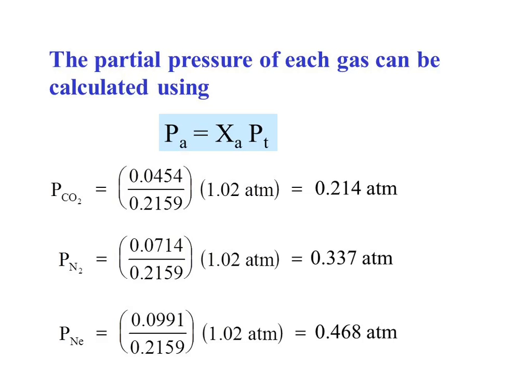And last but not least, neon, we said it contributed 0.0991 moles divided by the total number of moles. That's the mole fraction, that's X, and then times the total pressure. And if you're one of those people who would already be adding up these 3 individual partial pressures because you're like, dang it, it better add up to be 1.02 atmospheres, you're right.